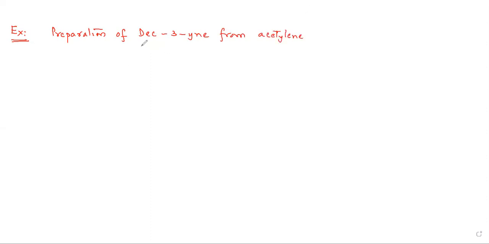Okay. Now this is deca-3-yne, a triple bond after the third carbon.